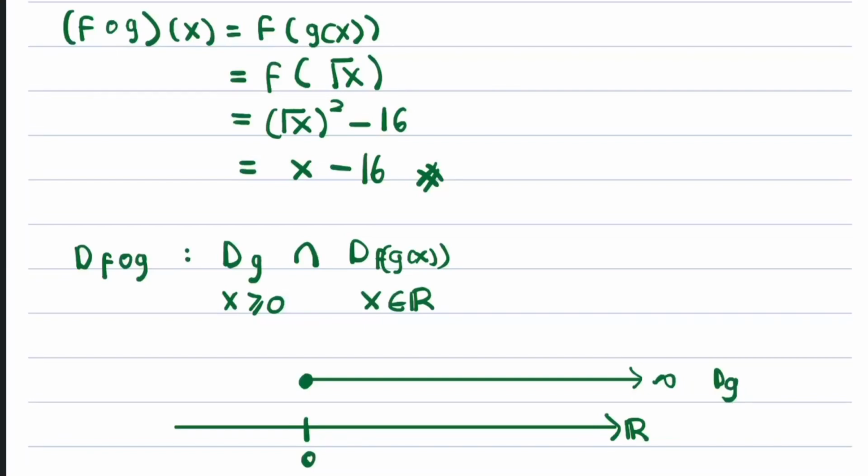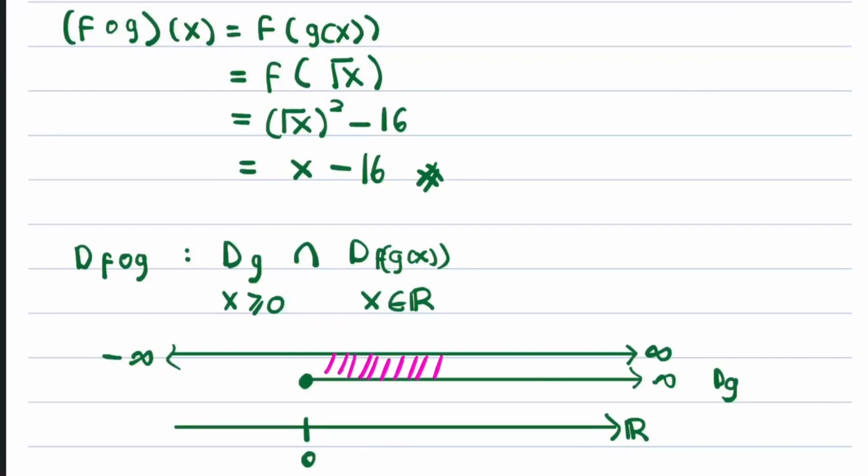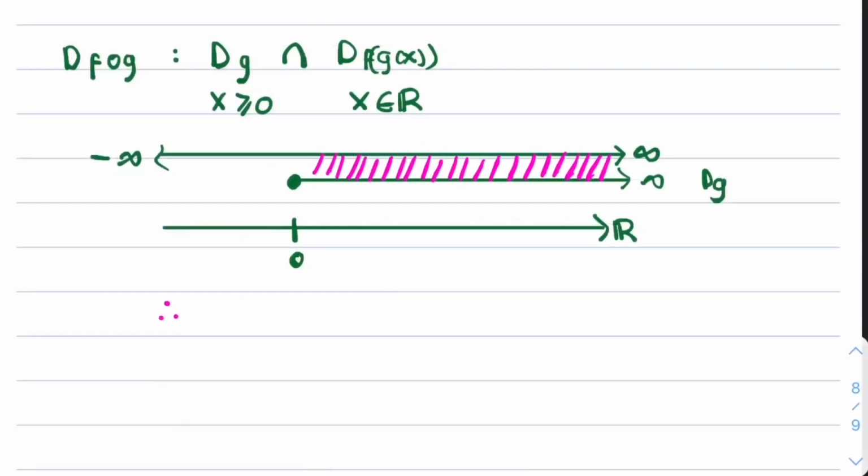Now the domain overall is your real numbers, started from negative infinity until infinity. Finding the intersection would start from 0 until infinity. So your final answer for the domain of f composite g is x belongs to [0, infinity). So that is the final answer.